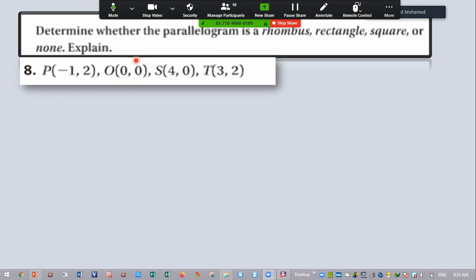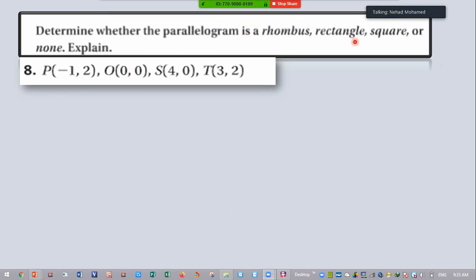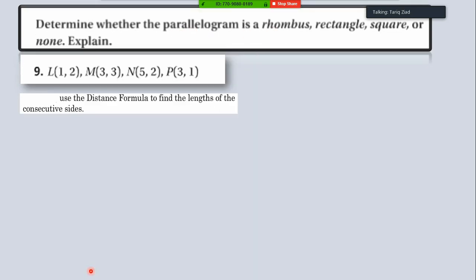This parallelogram: is it a rhombus, rectangle, square, or none? The first step: is it a parallelogram or not? Another one, this shape, already a parallelogram: is it a rhombus, rectangle, or square?